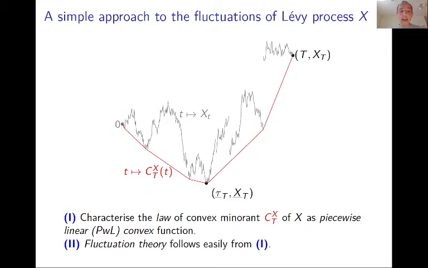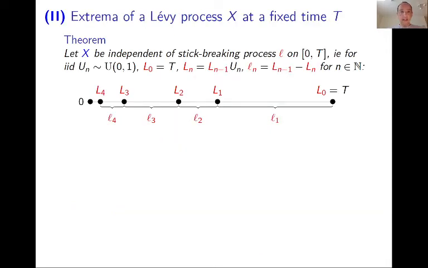So once we have this characterization, then classical results of fluctuation theory, like minorant factorization, follow very easily. So I'll first show this second bit, and then I will discuss the characterization and the structure of its proof.